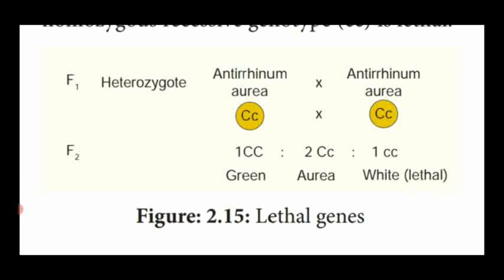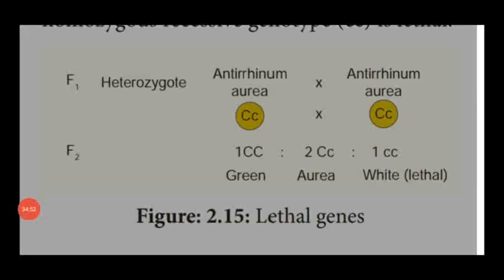So the one white is totally recessive. So recessive means it's a lethal allele. So the plant is unable to survive. It will die. So the genotypic ratio is modified into 1:2. The phenotypic ratio is also modified into 1:2. That is said to be the lethal gene which causes death of the organism in the Antirrhinum species or snapdragon.